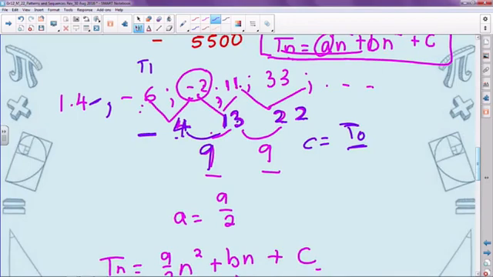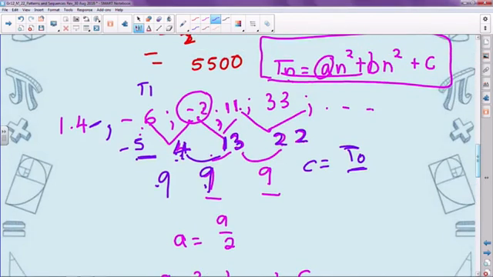Well, if you go 13 minus 9, you get 4. If you go 4 minus 9, you get minus 5. So that is the term 0 value in your first differences. For me to get backwards and get term 0, I then say minus 6 minus that term will give me term 0.